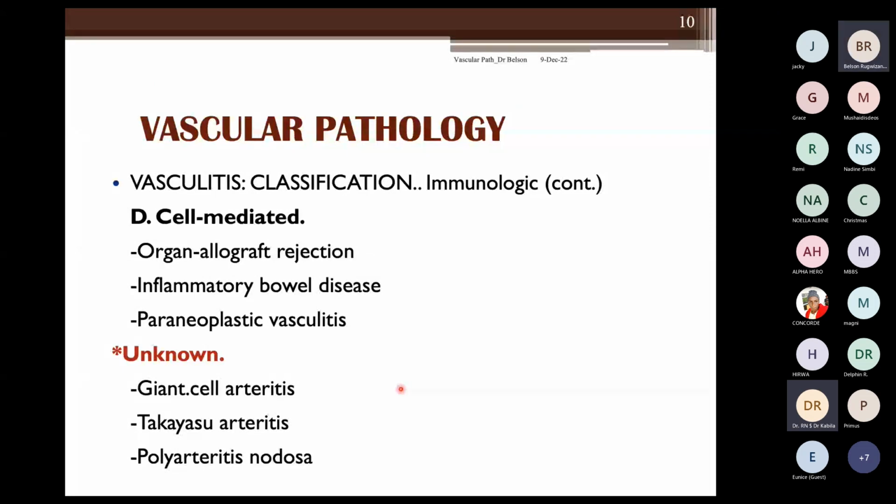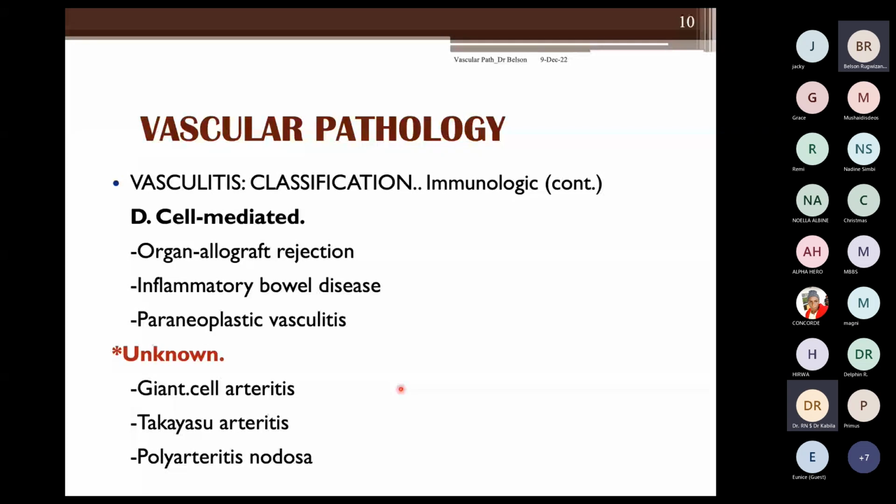Organ allograft rejection, for example, umuntu wahawe transplantation, transplant akenshi na rejection yayo iterwa n'iki? Iterwa nuko vessels zayo, icyambere umubiri ukora antibodies zo kurwanya ya transplant. Because transplant is a foreign body, it comes from another person.